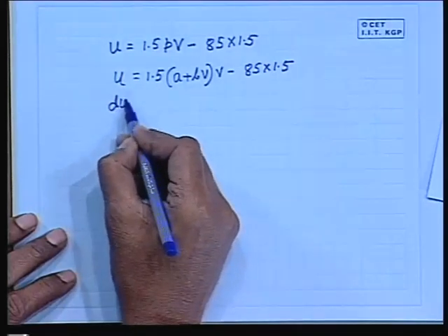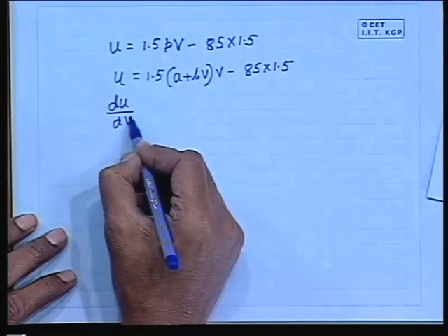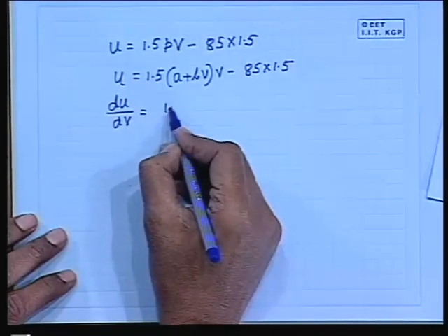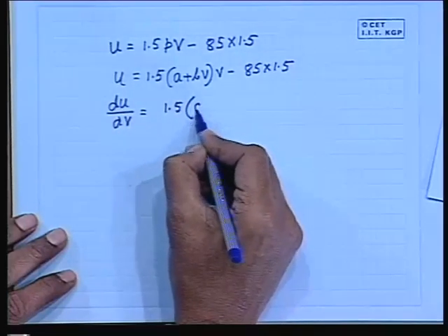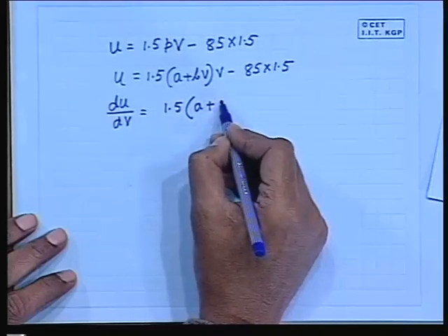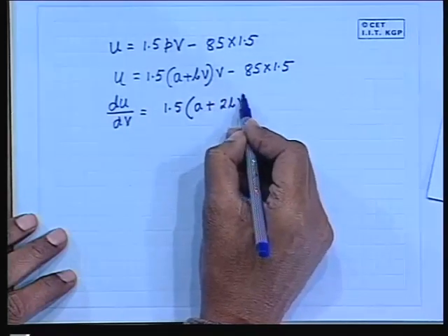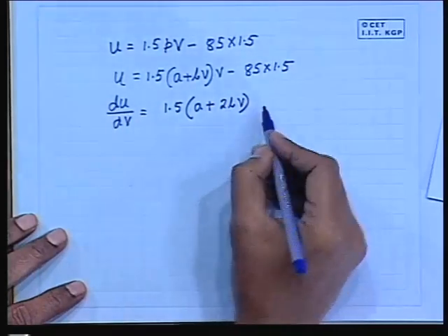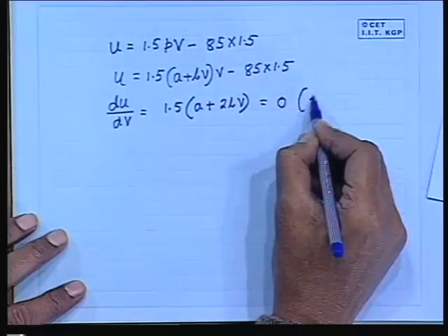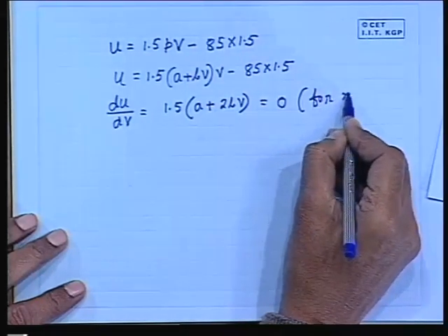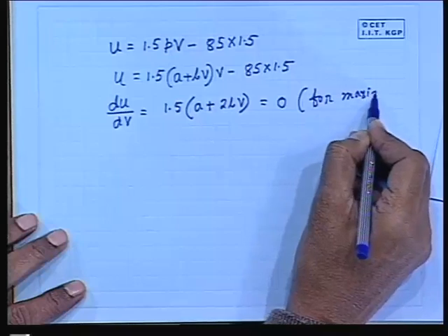So you make dU/dV. What is dU/dV? 1.5 into A plus 2BV, V square, and set this equal to 0 for maximum.